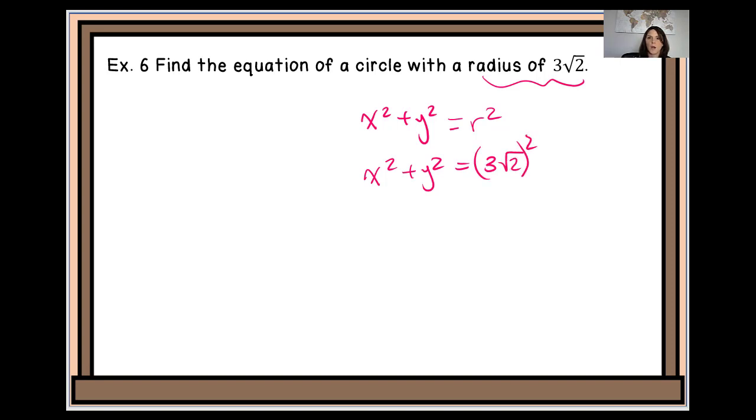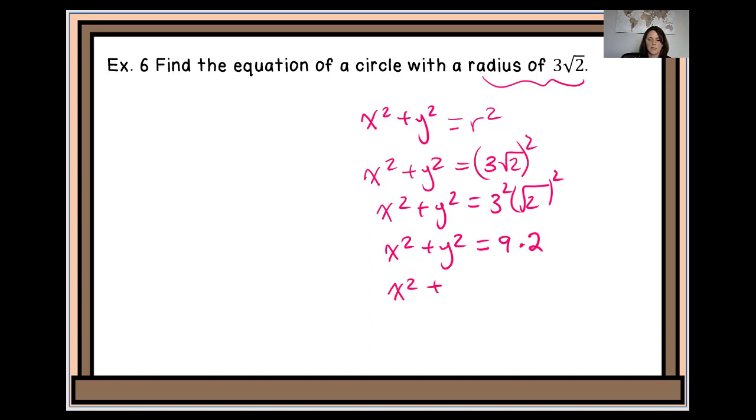Or in other words, I'm squaring both the 3 and the square root 2. So x squared plus y squared is equal to 3 squared and then root 2 squared. So x squared plus y squared is equal to 9 times 2. So x squared plus y squared is equal to 18.